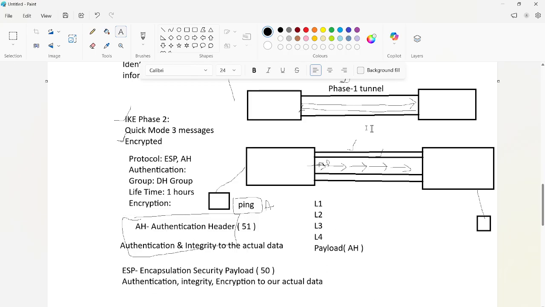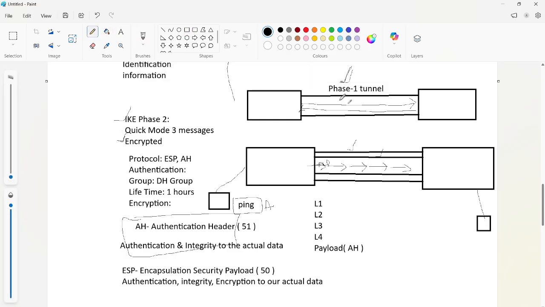Because if any attacker sitting on the internet uses advanced tools to break our phase 1 and phase 2 tunnels, they can capture our actual information. To provide an extra layer of security, we are using AH and ESP.